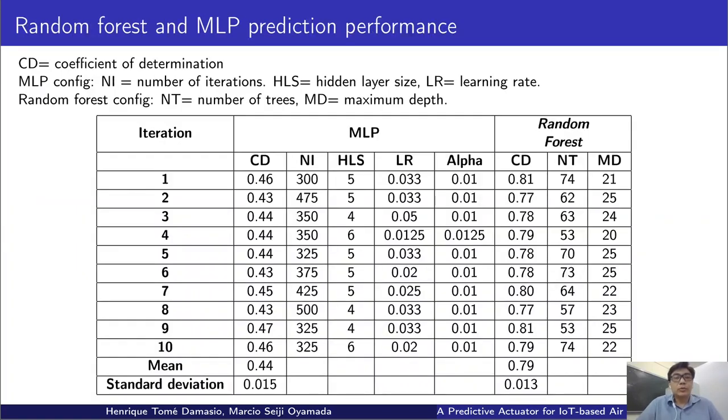This table shows the results obtained using the multi-layer perceptron and the random forest models. The performance was evaluated using the coefficient of determination, and we tested different configurations of the MLP and the random forest model. As one can see, the random forest obtained the best results.